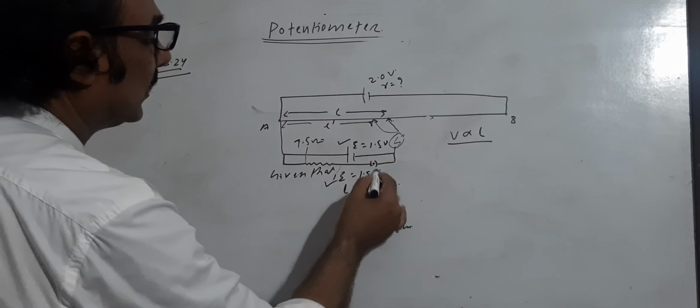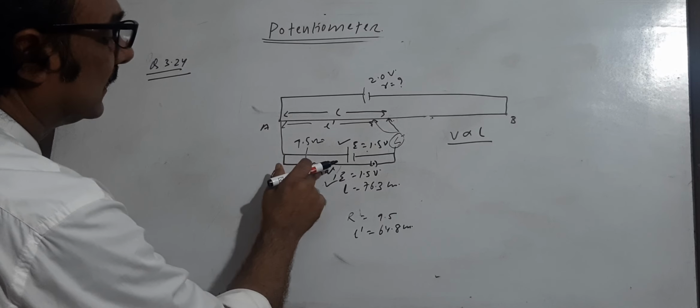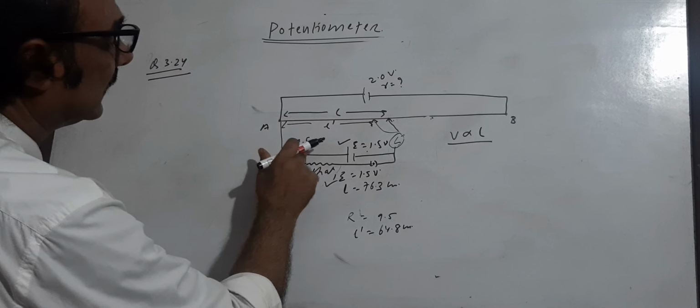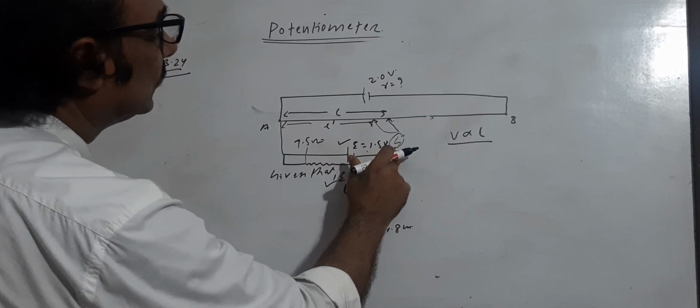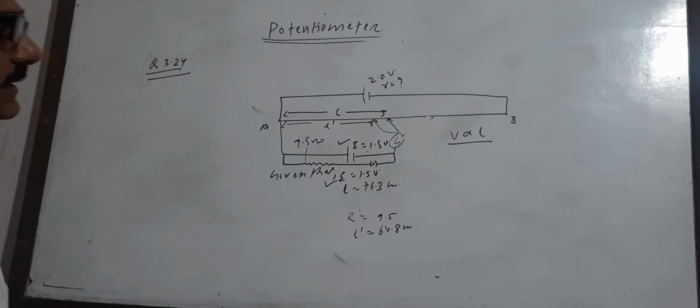So E equal to 1.5 volt, balancing length L, and when the external resistance 9.5 ohm is connected, another balancing length L dash is equal to 64.8 centimeter.